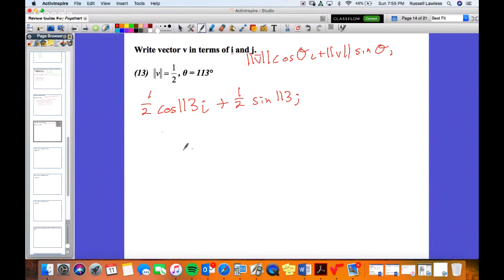That's going to give us negative 0.2i and 0.5j. And again, we don't need to worry about exact numbers. I'm fine with rounded answers. And so, any questions on how we found those?